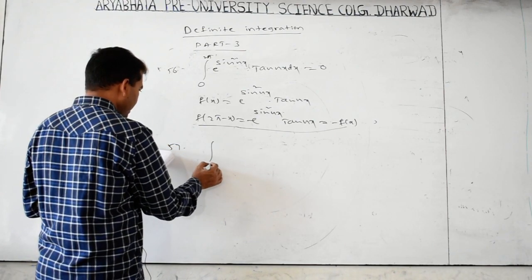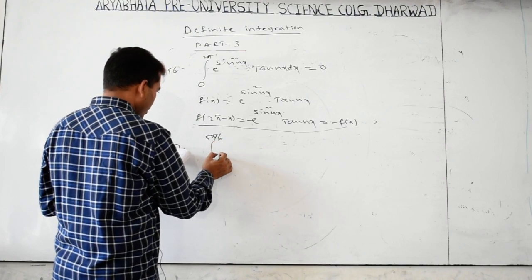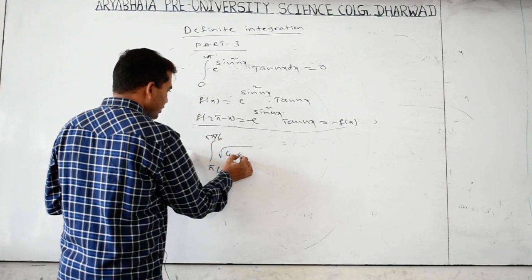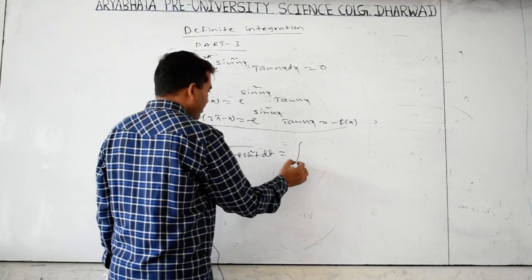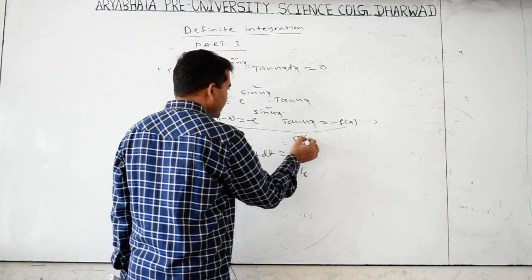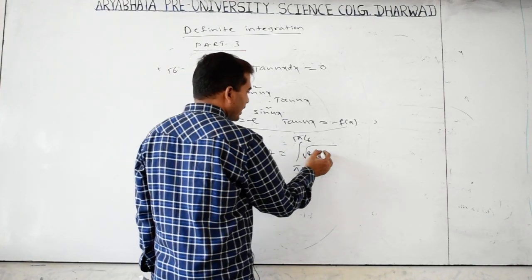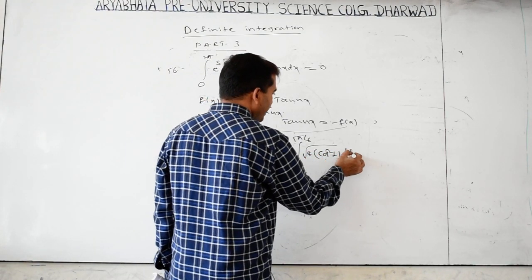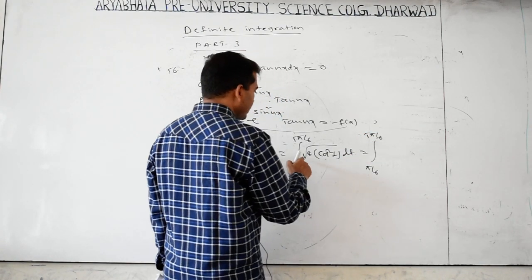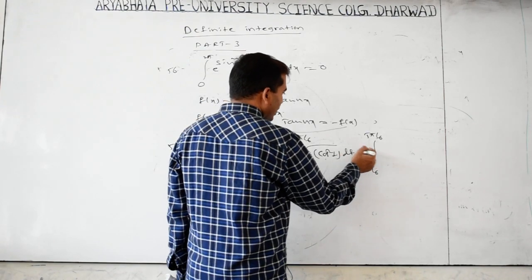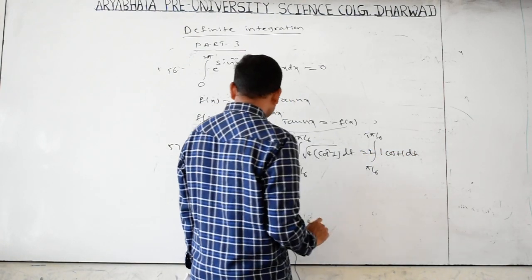Next, 57: integration from pi by 6 to 5 pi by 6 of root of 4 minus 4 sin square t dt. Take 4 common here: 1 minus sin square theta is cos square theta, d theta. Root 4 is 2, and root of cos square is mod of cos theta.